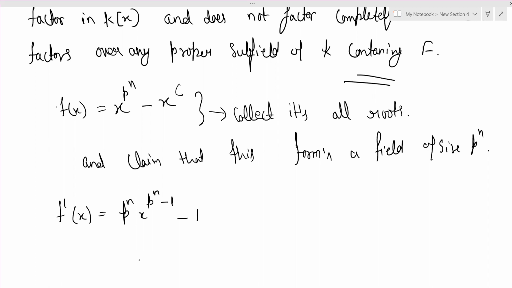Let's say this polynomial is in Z_p[x]. So when f dash x is non-zero, we will get simple roots.